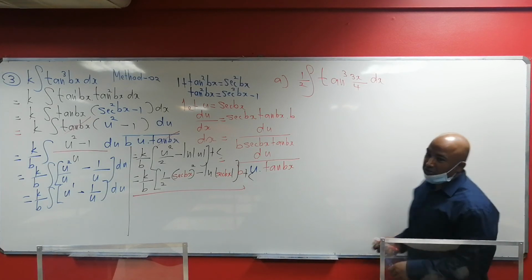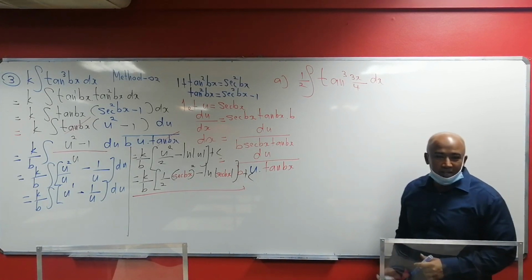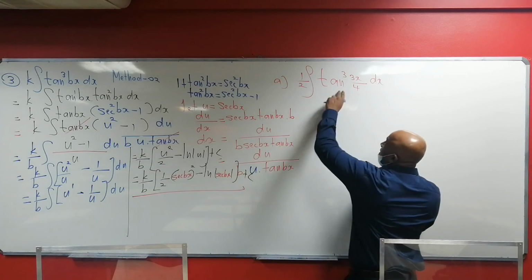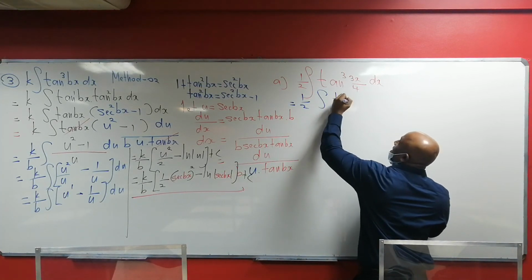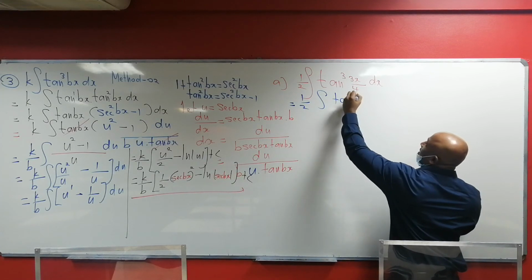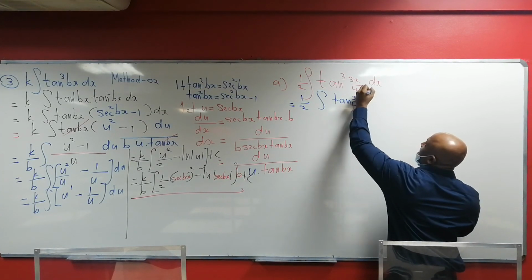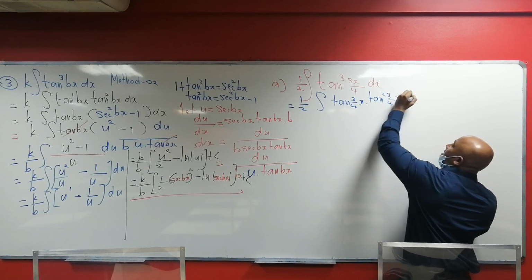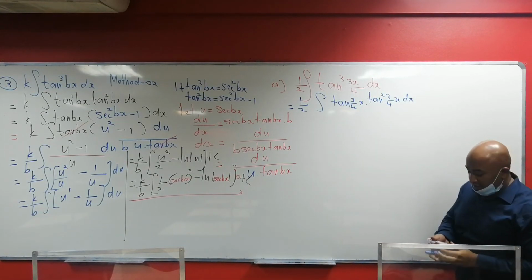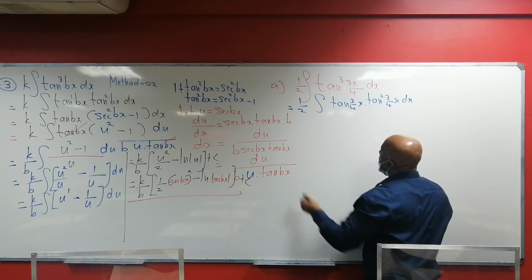Right, so due to time constraint, we're going to deal with this quickly. So we have an odd power. So we split it up: tan 3 over 4x times tan squared 3 over 4x. Split the odd power. It's just a method, very simple to deal with.